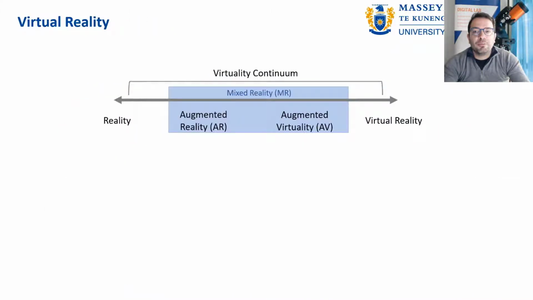But from a scientific point of view, there is something more, and you can see in the spectrum also something called augmented virtuality, which is made mainly of digital elements in which there are still some real components.